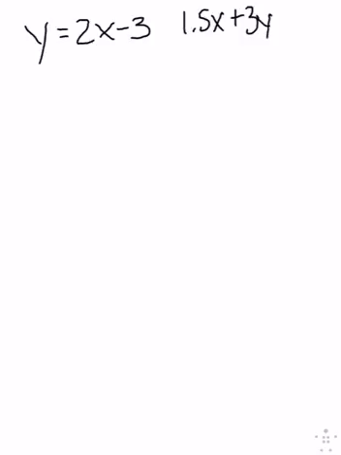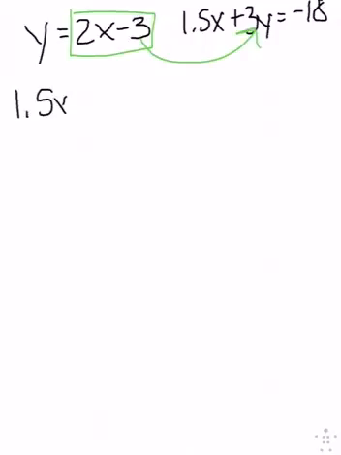So, for that last problem, our first equation that we just rewrote was y equals 2x minus 3. And the other equation was 1.5x plus 3y equals negative 18. To solve the system, we take our y equals and plug it back into the other equation. So, when we plug it back in, our equation becomes 1.5x plus 3 times 2x minus 3 equals negative 18.